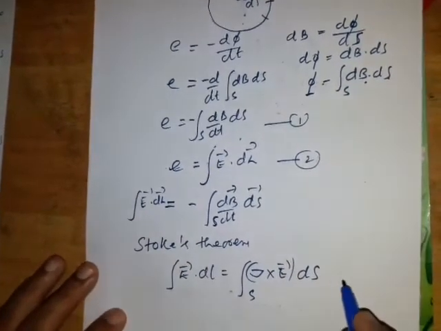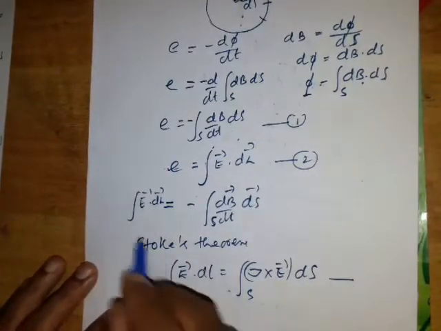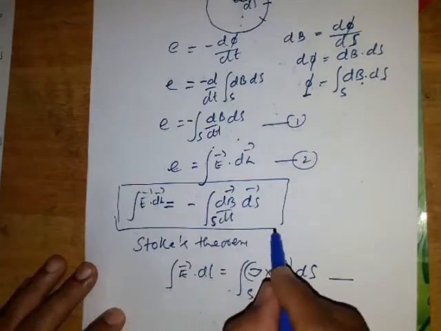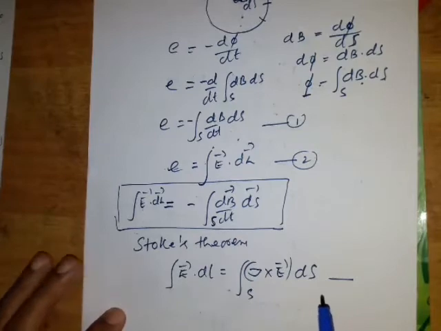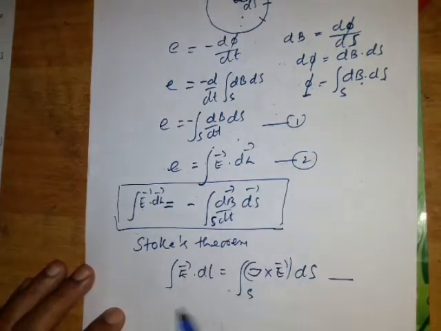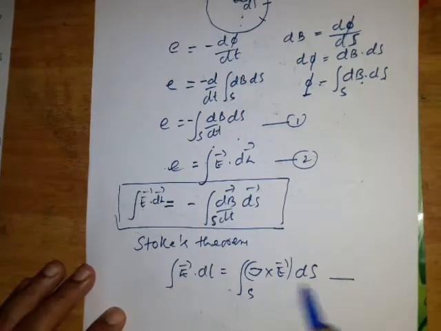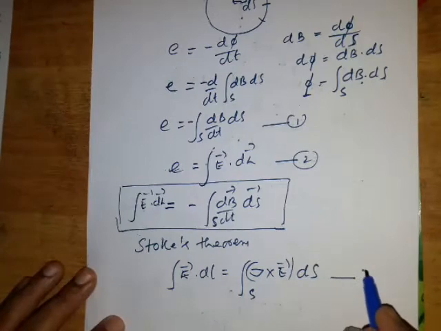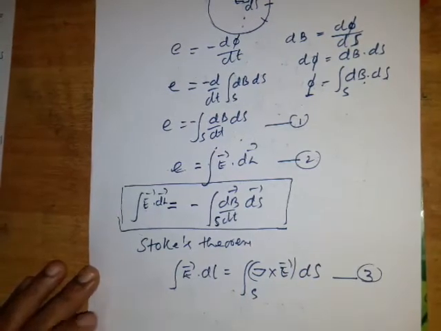So this itself is known as the integral form of Faraday's law, and with the help of Stokes theorem we will go further. This is the integral form, and this equation I can number as 3.